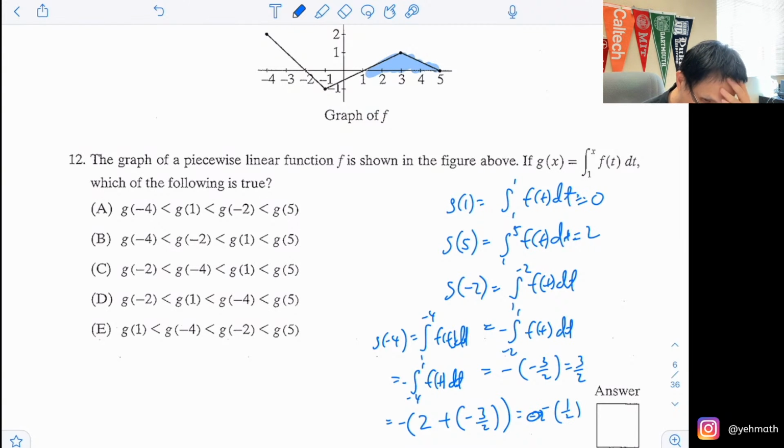So I just find out all of them. So I just have to rearrange them. g of negative 4 is the smallest one, less than g of 1 because that's 0, less than g of negative 2, less than g of 5.